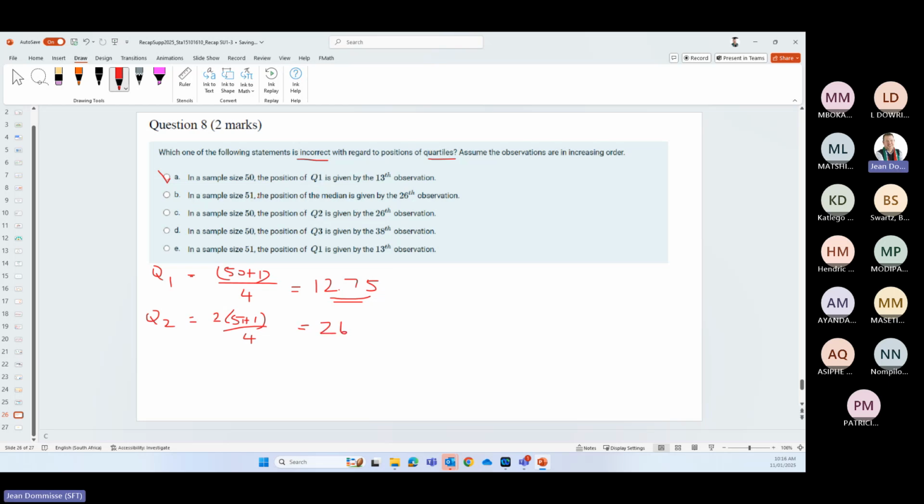So in the sample size of 51, observation 26 is correct. Okay, now we go to Q2 again.